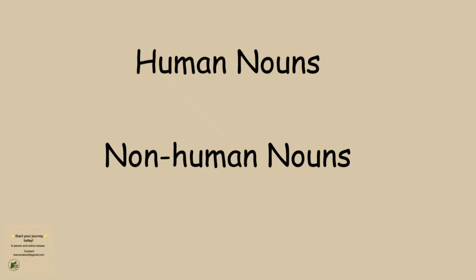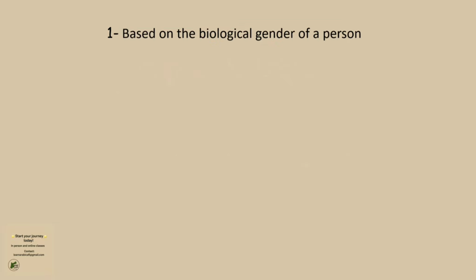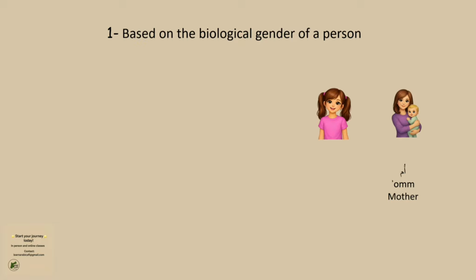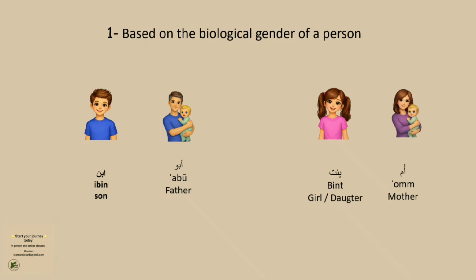Let's start with the human nouns. It can simply be reflecting the biological sex of the person that we're referring to. So, for example, the word and the word bint are feminine, while the words abu and ibn are masculine.